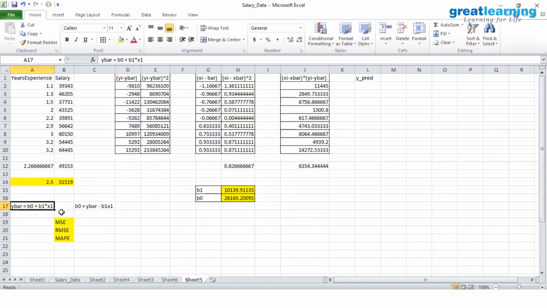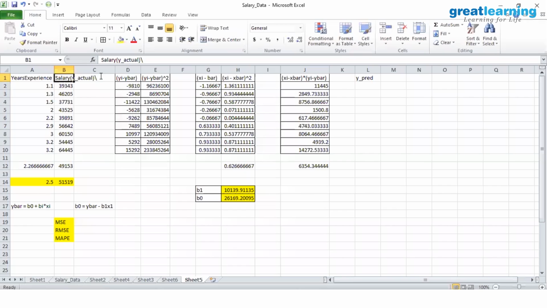Why? See, for r, it is not one. I'll put it as bi and xi, because in the y predict, I want to predict the value of y. This is the actual, right? This salary is nothing but y actual.